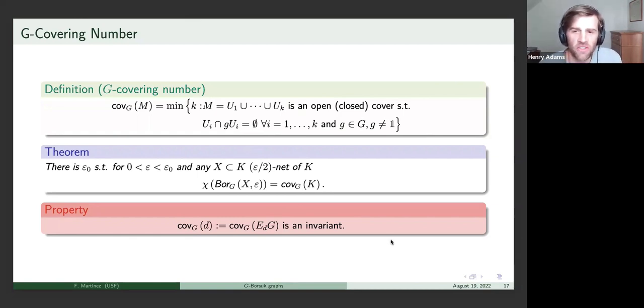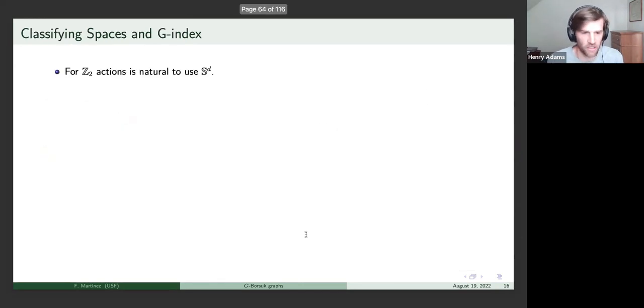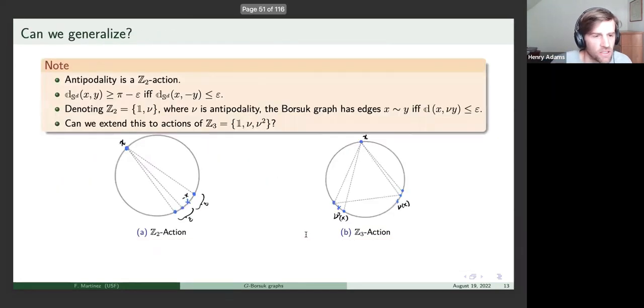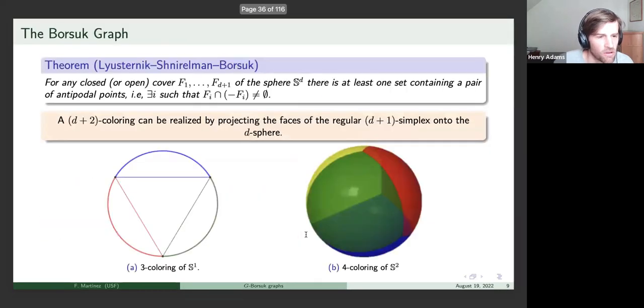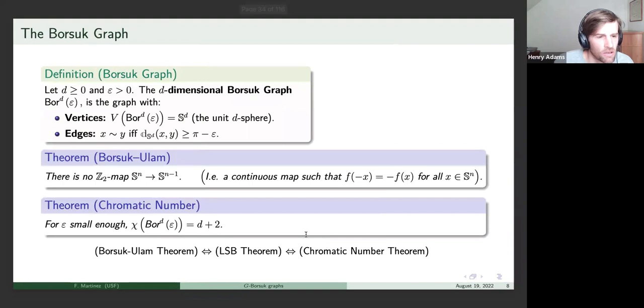Francisco, can you go to one of your early slides where you mentioned what's known about the chromatic number of the Borsuk graph of the sphere? I think for epsilon small. Yeah, perfect. So this theorem: for epsilon small enough, the chromatic number of the Borsuk graph is d+2. So you have all edges that are within epsilon of being antipodal, roughly.